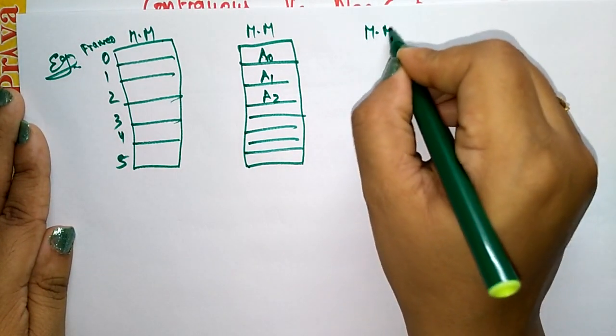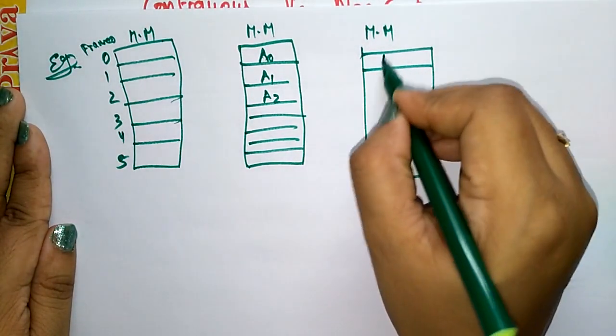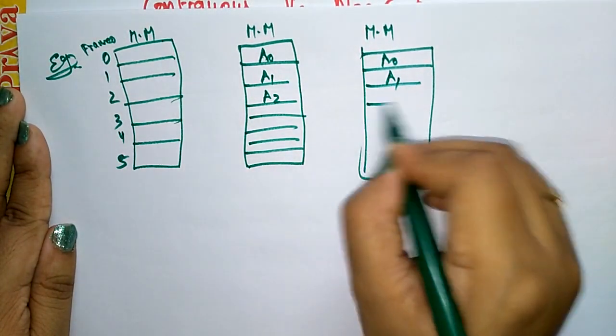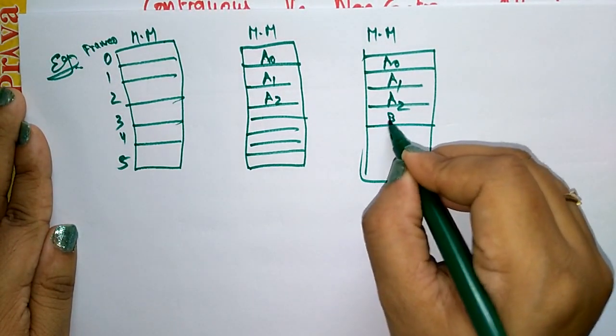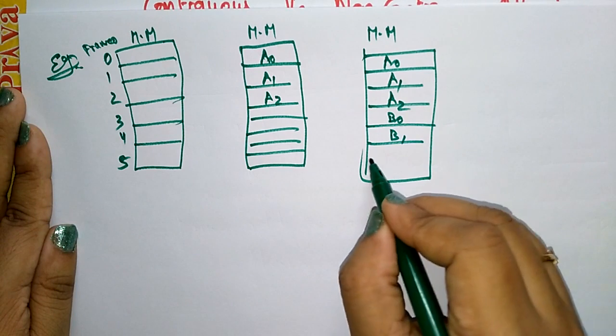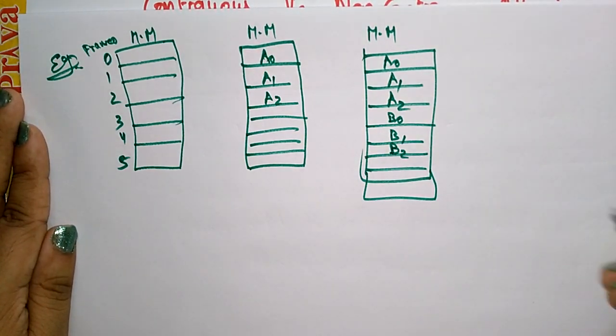Now again in the main memory, I am storing another process's data in the frames. A0, A1, A2, and it occupies the next free space: B0, B1, B2, and the free space will be there.